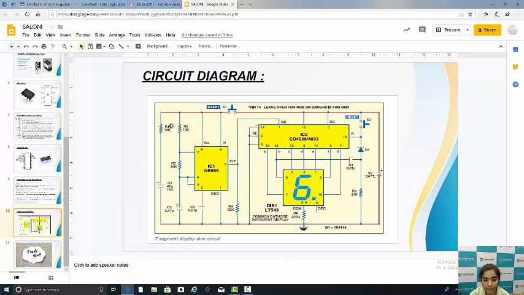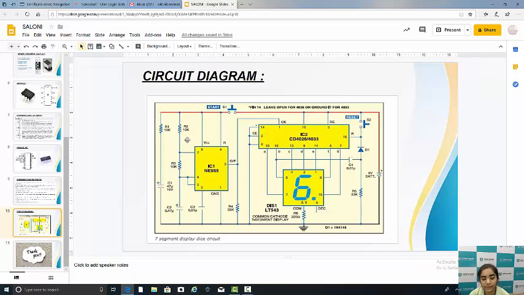Here is a resistor of 10 kilo ohm, this is the second resistor of 10 kilo ohm, and this is the third resistor of 10 kilo ohm, which I already mentioned in the components. Now here a resistor is connected to a 47 microfarad capacitor, at the positive terminal of the capacitor, and the negative terminal of the capacitor is connected to ground.